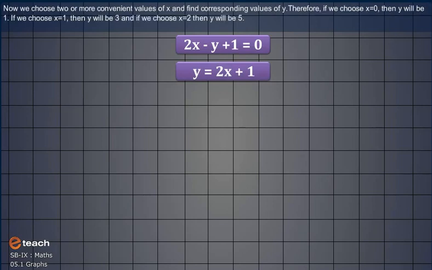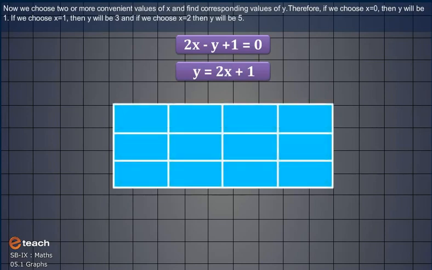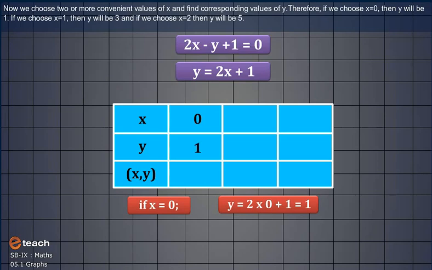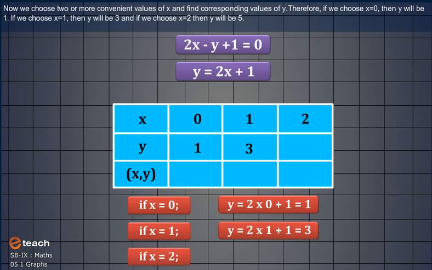Now we choose two or more convenient values of x and find corresponding values of y. Therefore, if we choose x is equal to 0, then y will be 1. If we choose x is equal to 1, then y will be 3. And if we choose x is equal to 2, then y will be 5.